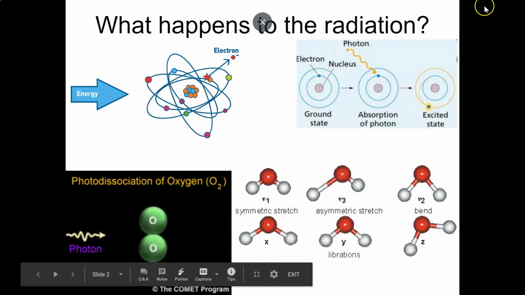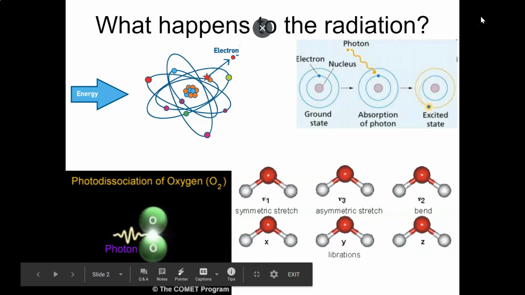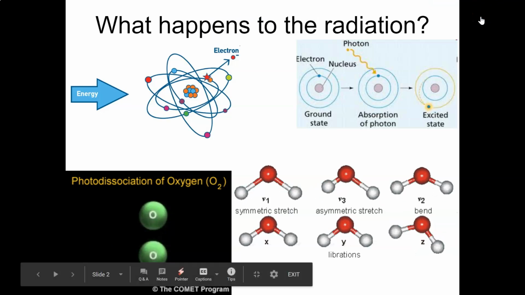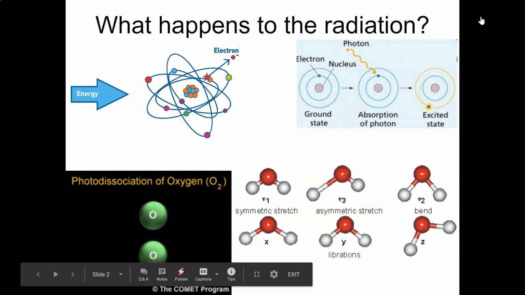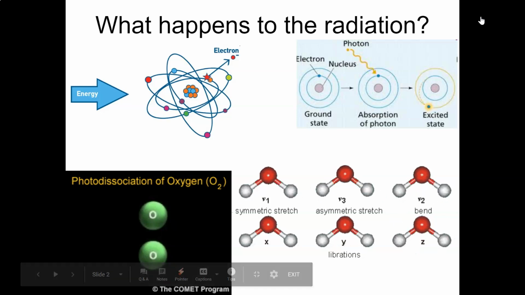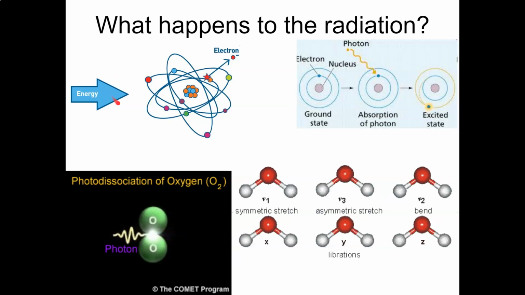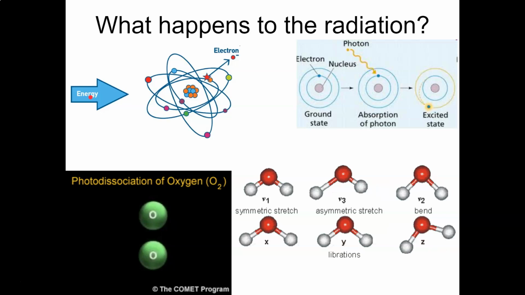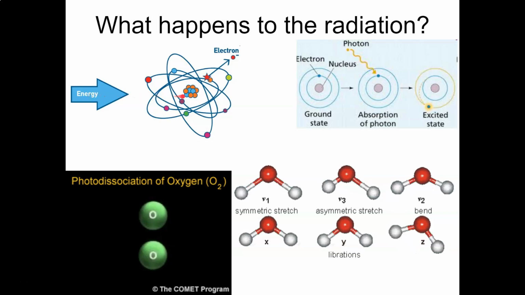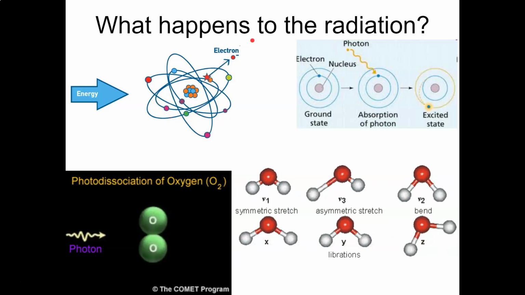So let's look at this slideshow, and you'll notice this is probably from the last lesson. Here are the types of absorption that can happen as energy comes into the atmosphere. One thing that can happen is the radiation, especially high energy radiation, can cause atoms or molecules to lose electrons.